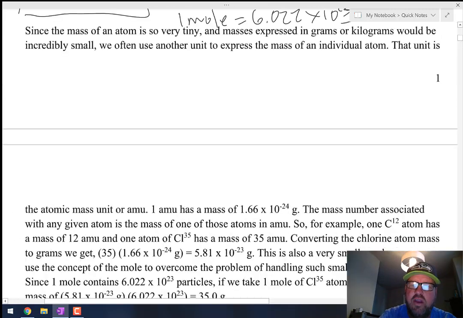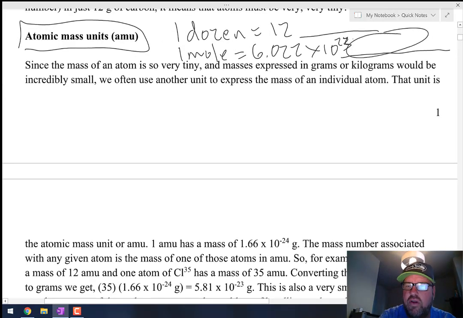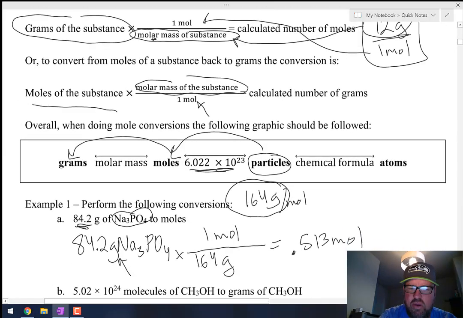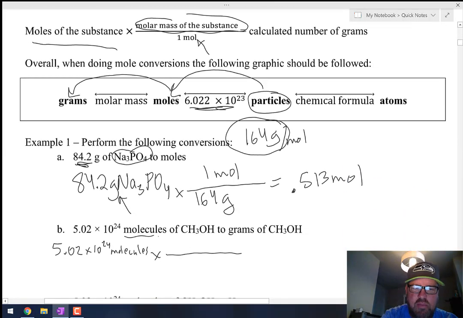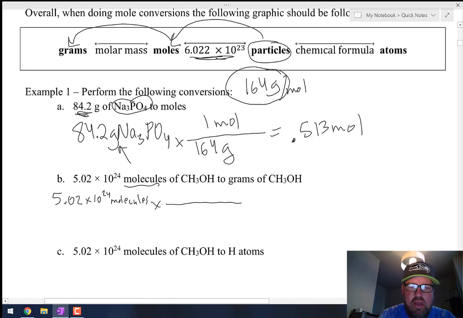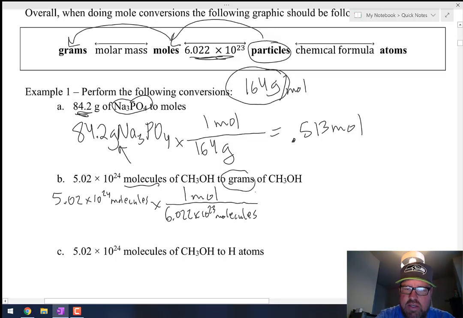In this case, it's molecules because we're talking about molecules. So we can say there are 6.022 times 10 to the 23rd molecules in 1 mole of this CH3OH. If the question asks us for moles, now we're done. We just take the 5.02 and divide by 6.022, raised to their correct powers. But they're asking for grams.